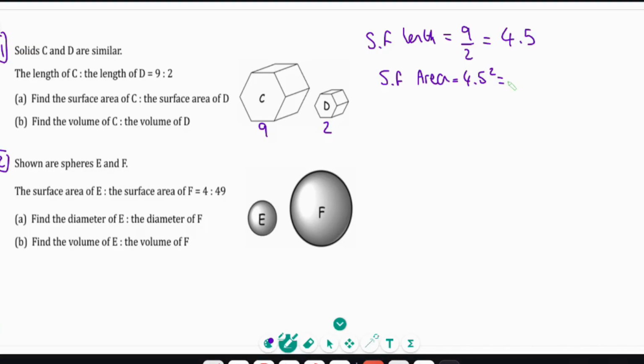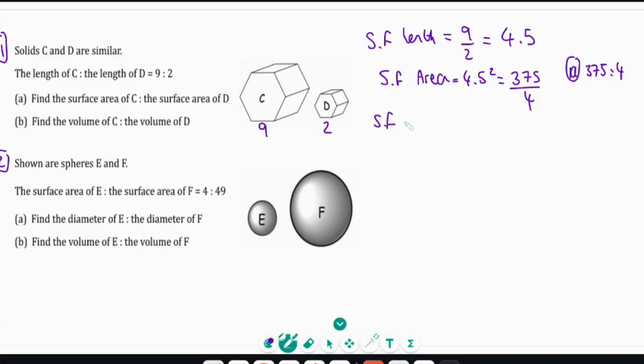It's going to be best left as a fraction, so we can actually then write it as a ratio. If you've got it as a decimal, it's not as easy. And we see you've got 4 to 375, but we've got the bigger to the smaller. So it would be 375 to 4.